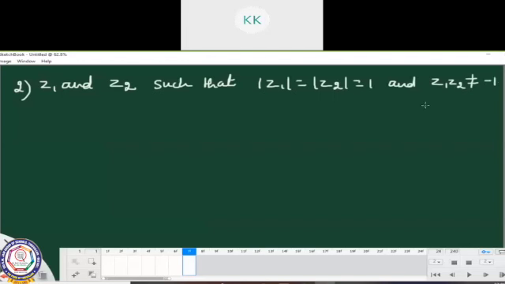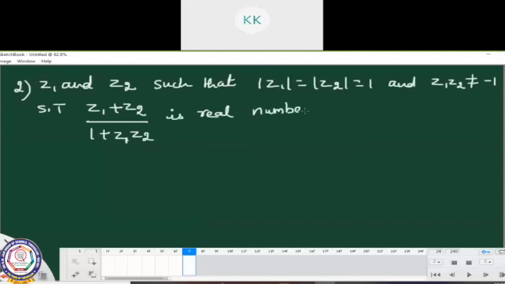Then show that Z1 plus Z2 by 1 plus Z1 into Z2 is a real number.